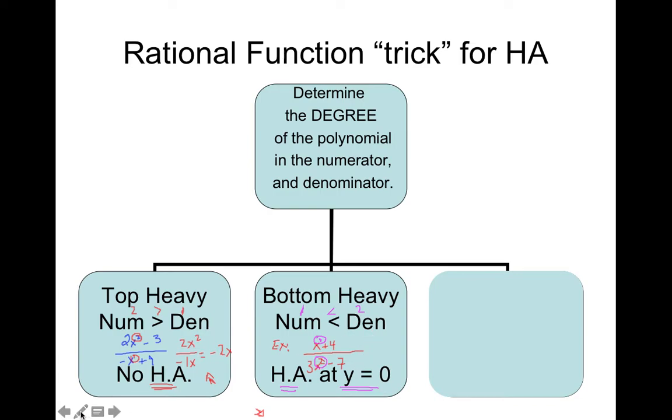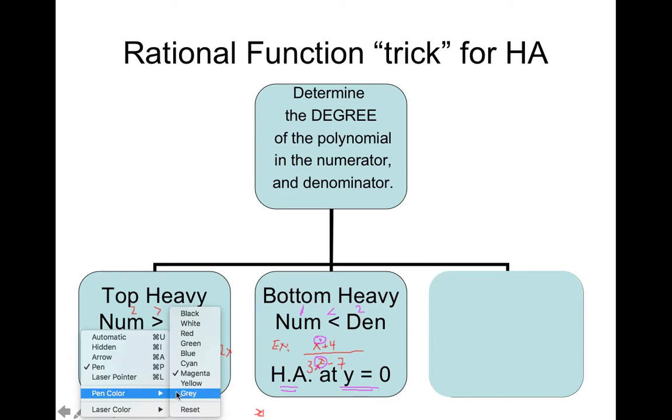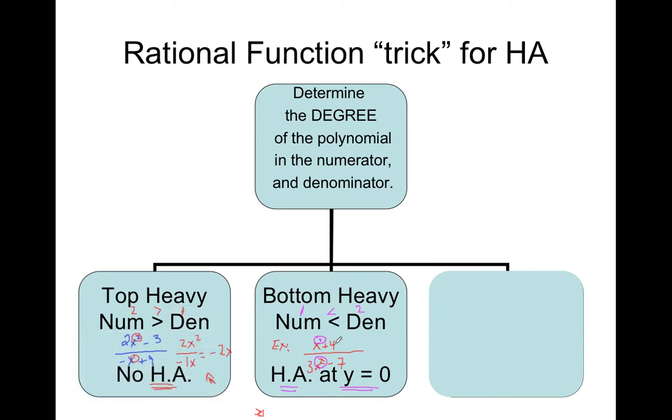And you should be, again, able to reason this through. It means that as x gets really, really large, if you plug in 1,000,000 plus 4 into your numerator, but you plug in 1,000,000 squared minus 7, even if it's multiplied by 3, who really cares?